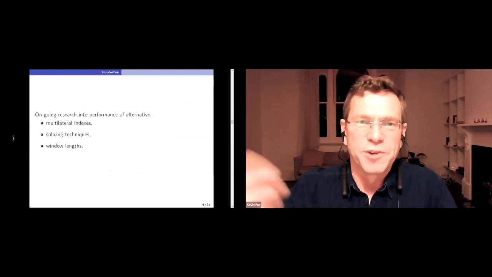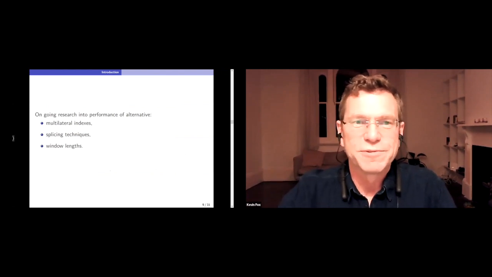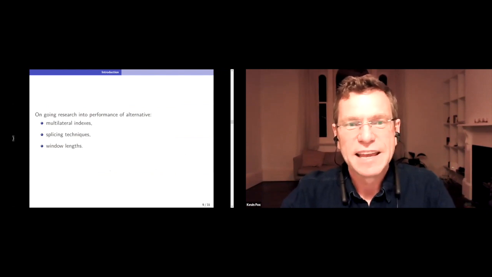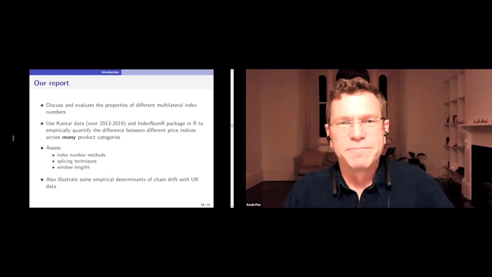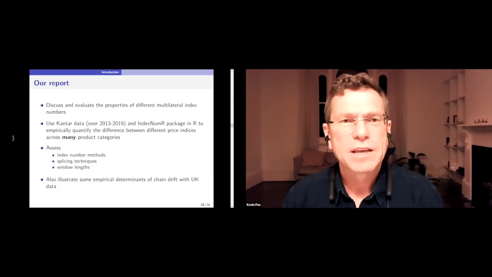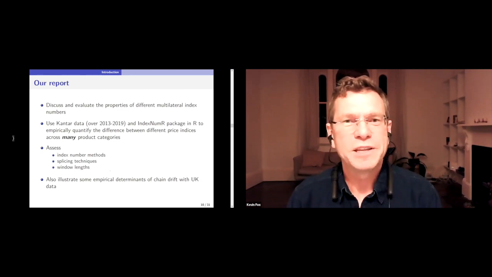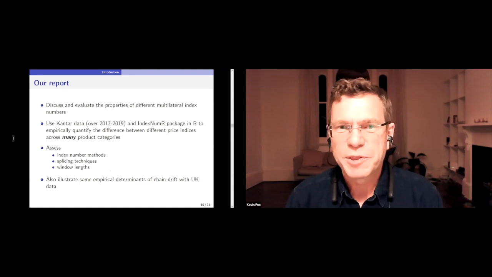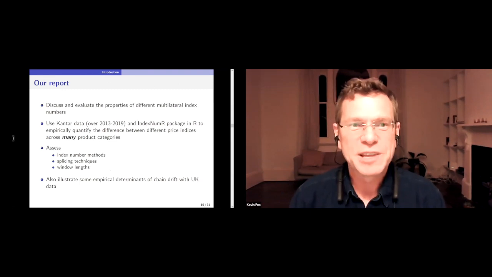Okay, so there's still ongoing research into the performance of alternative multilateral indexes, splicing techniques, and window lengths for the rolling windows methodology. Okay, so that's a bit of background. So what do we do in our report or our paper? We discuss and evaluate the properties of different multilateral index numbers.